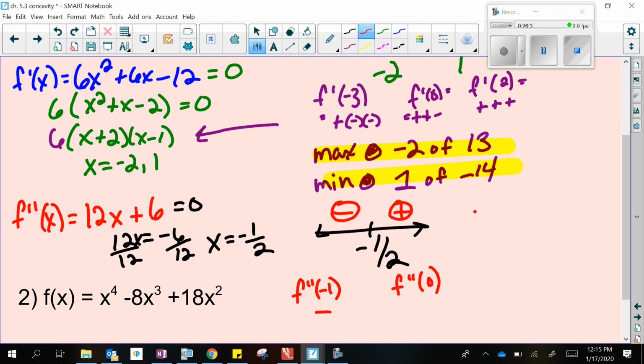So we know we have an inflection point at negative 1/2, and we need to plug in negative 1/2 where? Into the original. Yes, yeah.